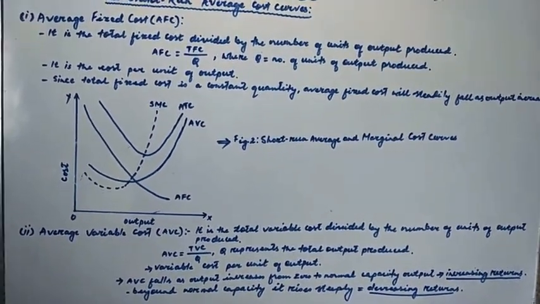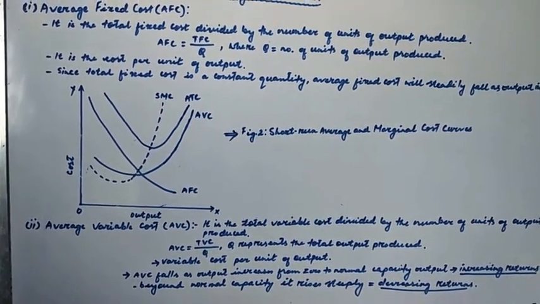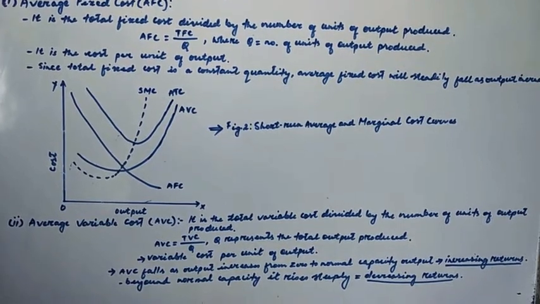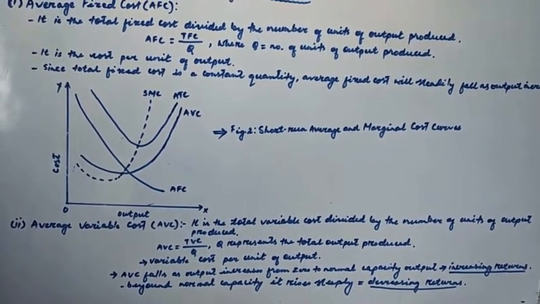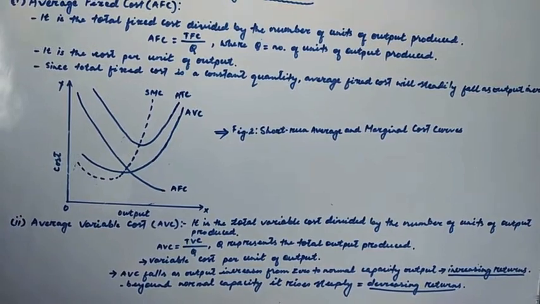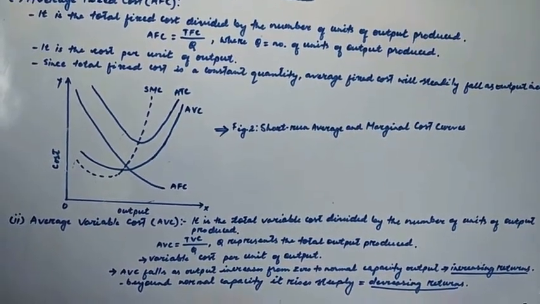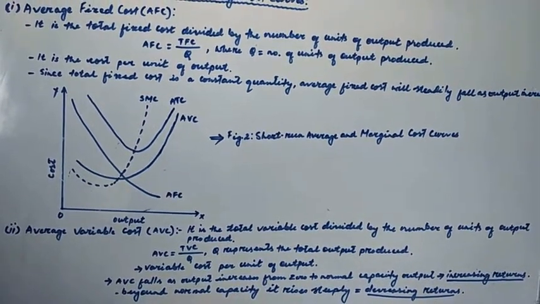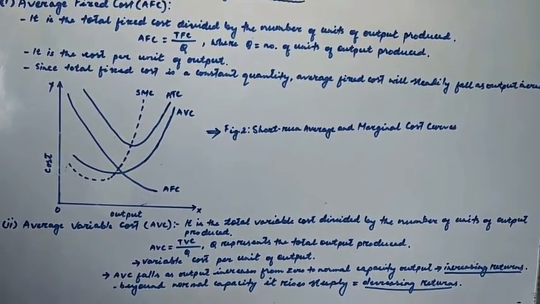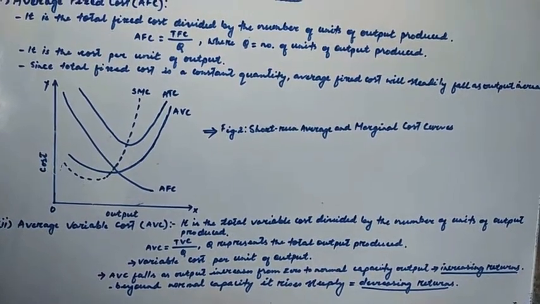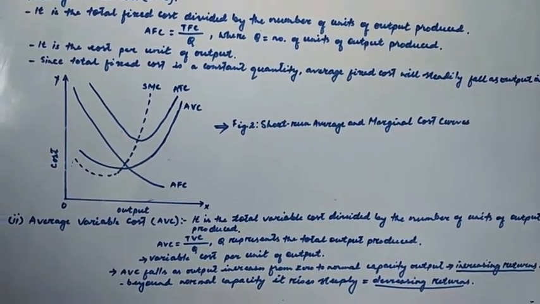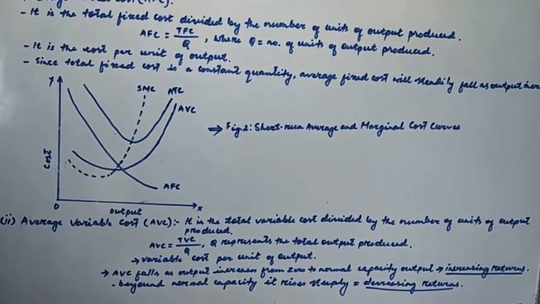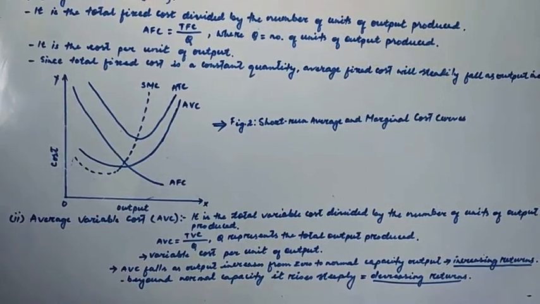As I have just mentioned, we have explained above the short run total cost curves. However, the concept of cost is more frequently used, both by businessmen and economists, in the form of cost per unit, or in simple words the average cost, rather than the total cost.